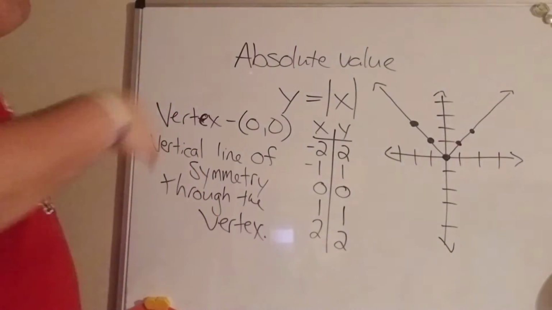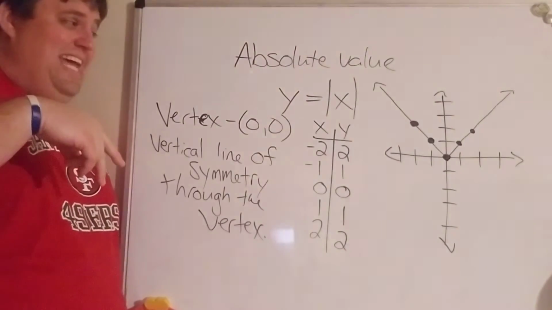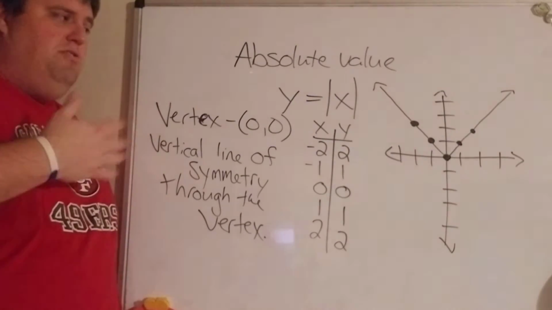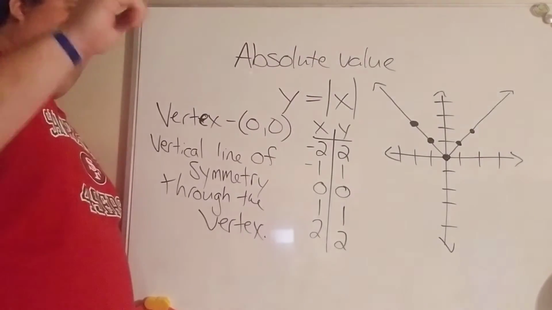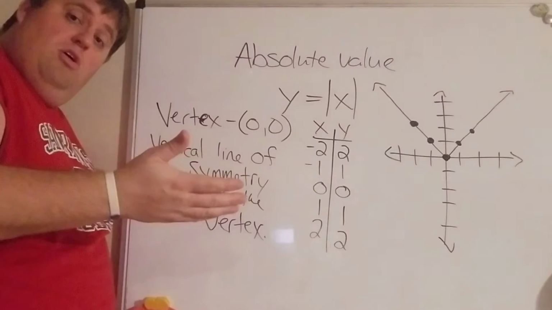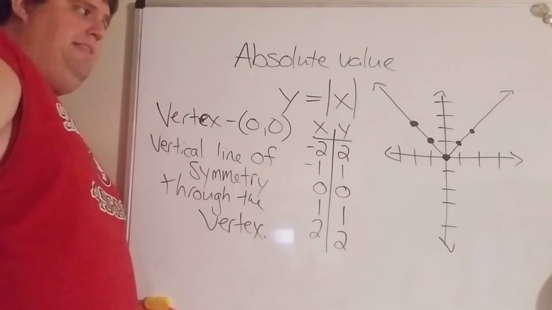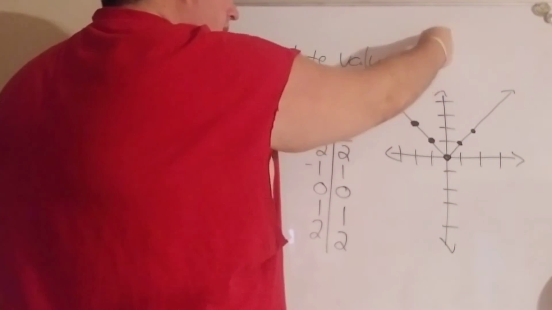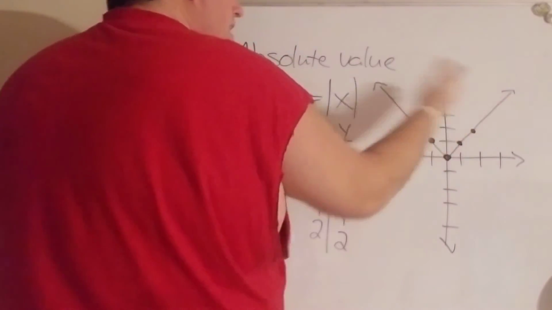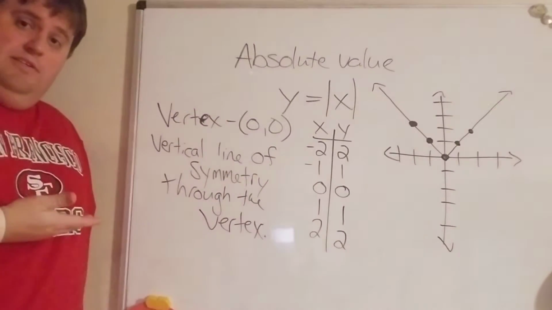So no matter what my v looks like, it could be wide, it could be really skinny, all sorts of stuff like that. If we can find where it starts being symmetrical, we can find the vertex of that thing. That's going to be the point where, if we draw a vertical line through there, it's going to be symmetrical on both parts.